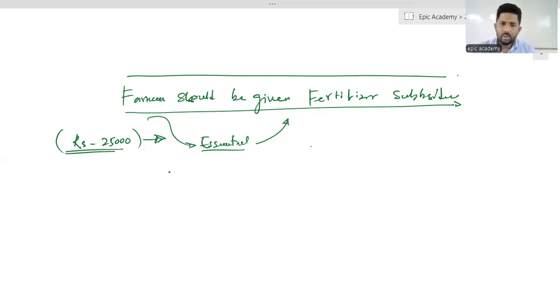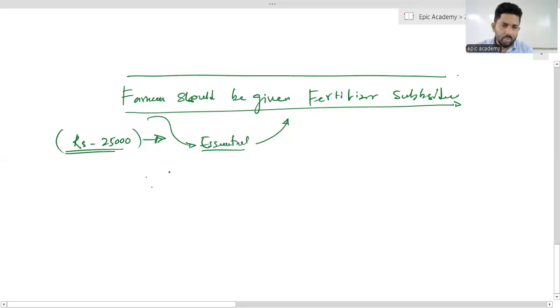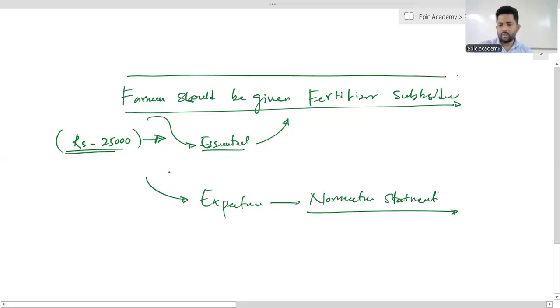And the person who creates that opinion or statement expects something like that. Expectations are described by the normative statement. What he expects, he describes by using a statement.